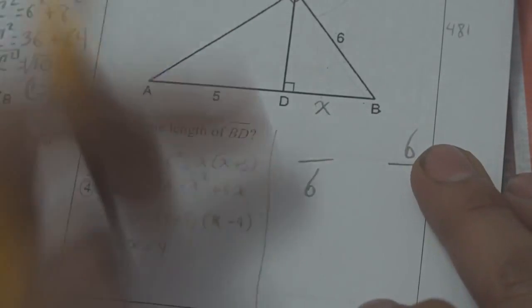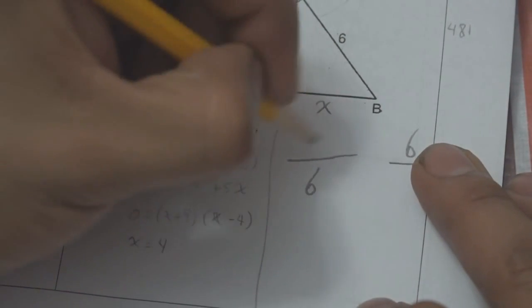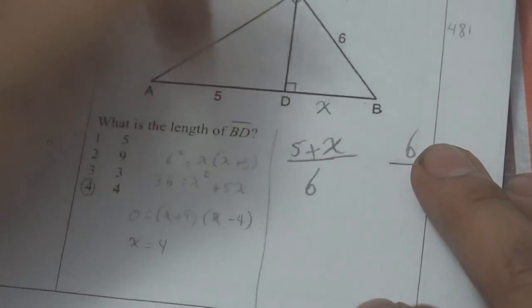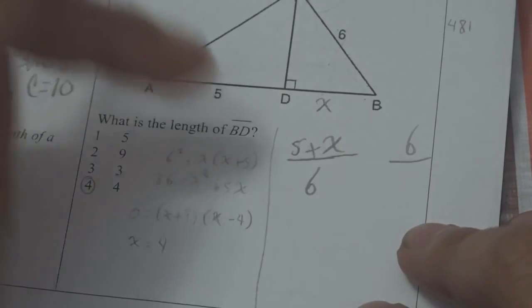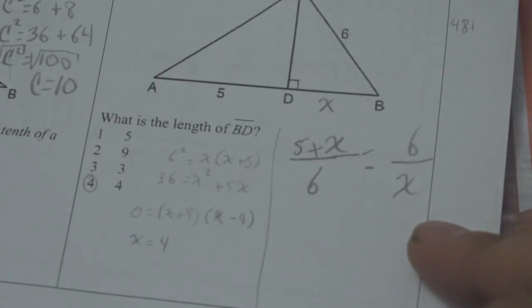So I'm gonna set up my two fractions, right? The mean proportional is the leg, so it's gonna go on the bottom and on top. Now the hypotenuse is 5 plus x. I hope this works. See that? 5 plus x. And the projection is nothing more than x. Okay, so I'm gonna cross multiply.